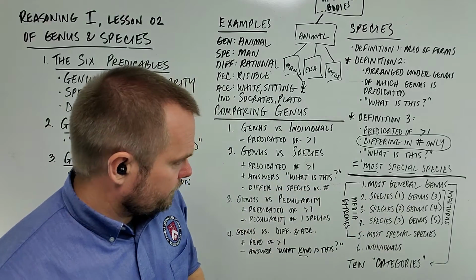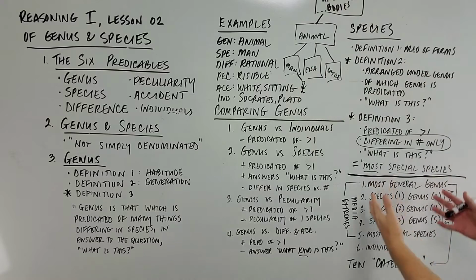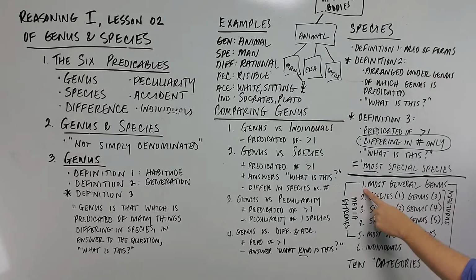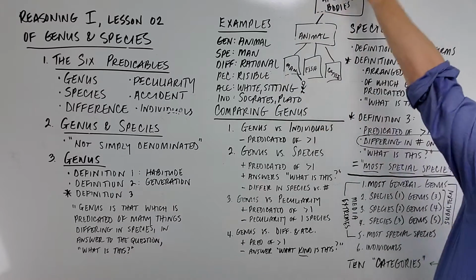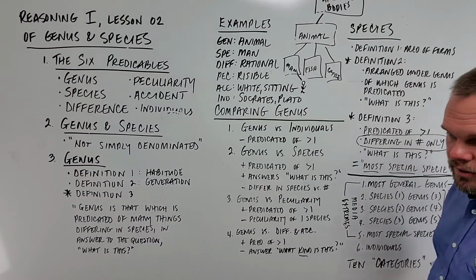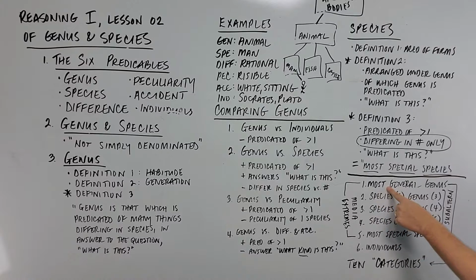What I've written here is what I drew and explained just in words. At the top is the most general genus. Okay? For this tree, the most general genus would have been substance. And then under the most general genus are a tree of classes and divisions that can be both species, with reference to the genus above them, but also genus to the species below them.